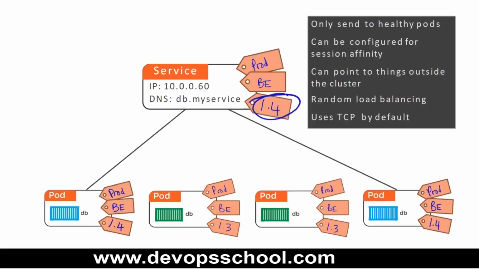So you have to create multiple services if you have different kinds of pods. If you see this image here, you might have created 2 services, one for 1.3 and one for 1.4. So different services for different behaviors you should create. That's logical.